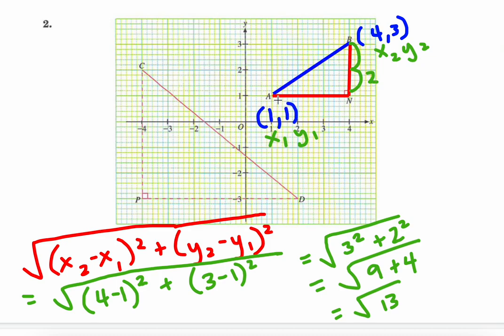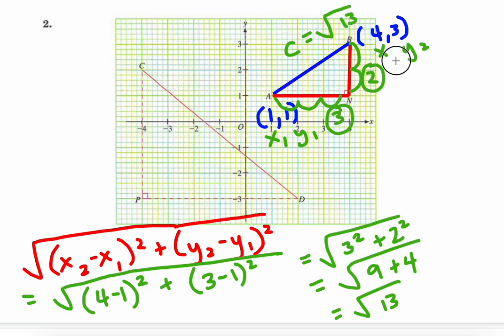Yeah, I would get 2 here. 1, 2, 3. And I would get 3 here. So this formula basically helps me figure out my 2 legs without graphing. And then it uses the Pythagorean theorem to then figure out the hypotenuse, which is missing, which is square root of 13.